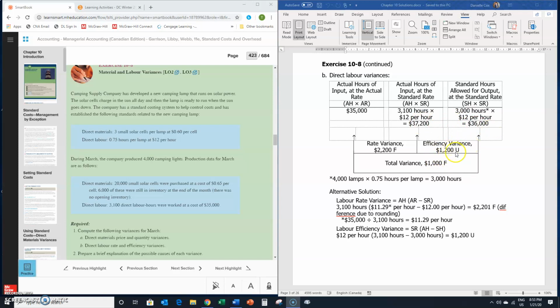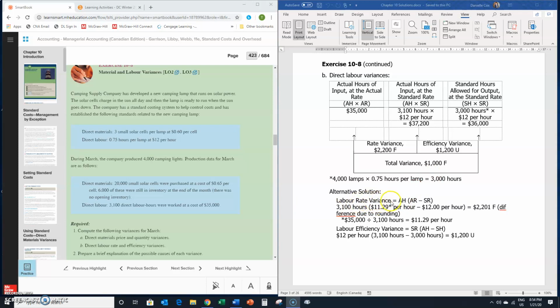Positive number means unfavorable. The first ones here is what you use to calculate the rate variance. The middle one subtract the last one here is what you use to get your efficiency variance. You add them together to get the total variance.